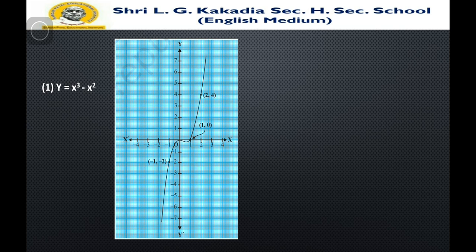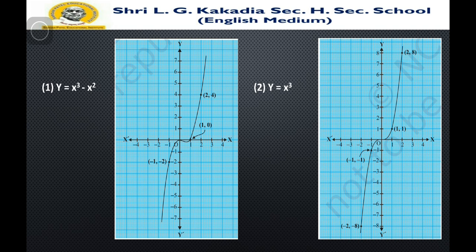We can also draw the graph of y = x³. The graph of x³ intersects the x-axis at only one point, the center of the graph, (0, 0). So the polynomial y = x³ has 1 zero, that is 0.